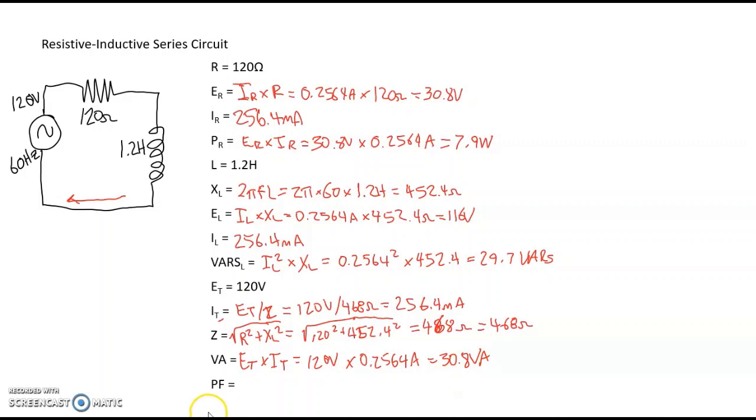And finally, we can calculate the power factor. There are a number of different ways you can calculate it.